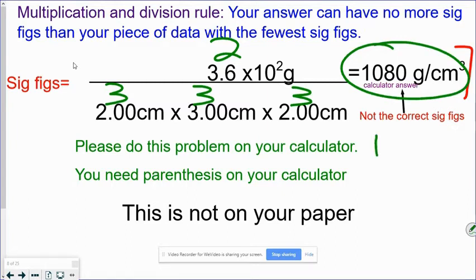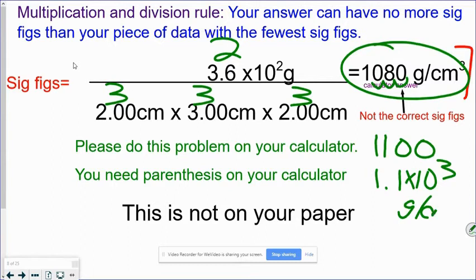I can write 1,100, or I can write 1.1 times 10, and I have to go 1, 2, 3 spots, times 10 to the third grams per centimeter cubed. Grams on top, centimeters times centimeters times centimeters gets me centimeters cubed on the bottom.